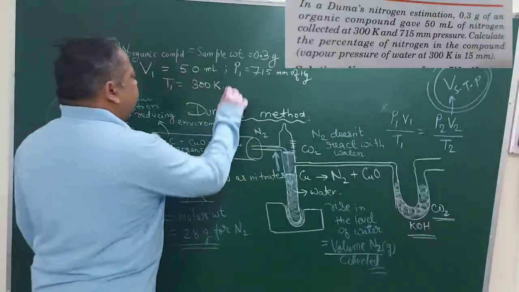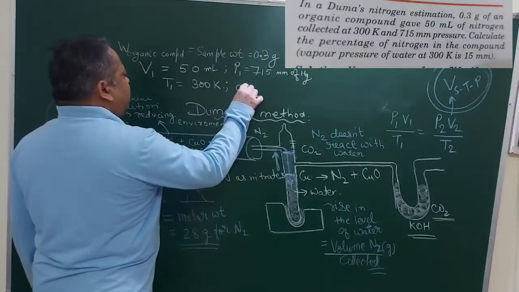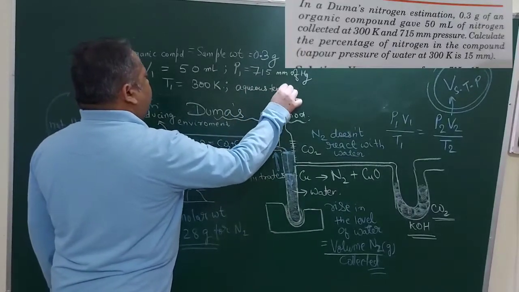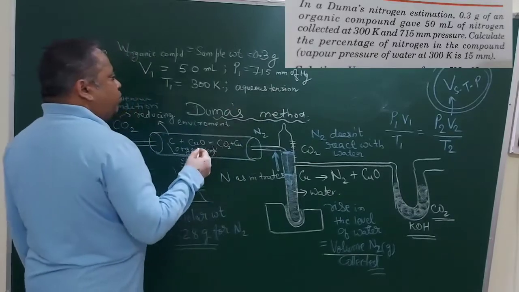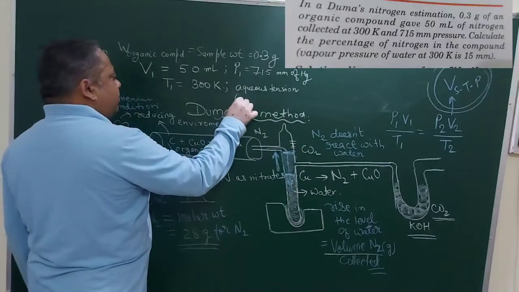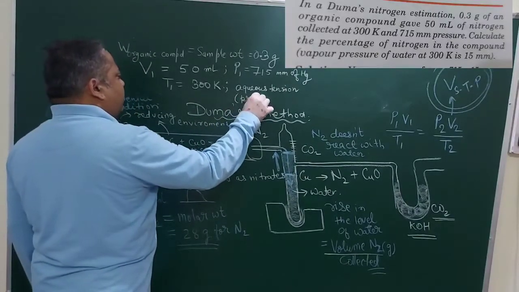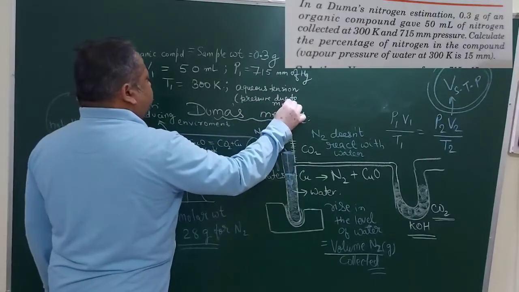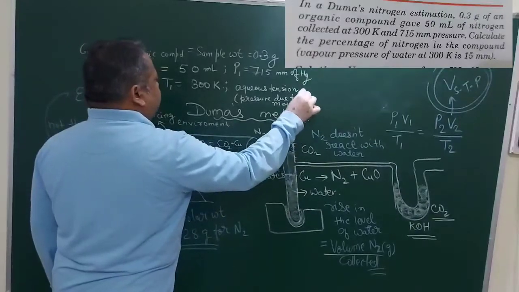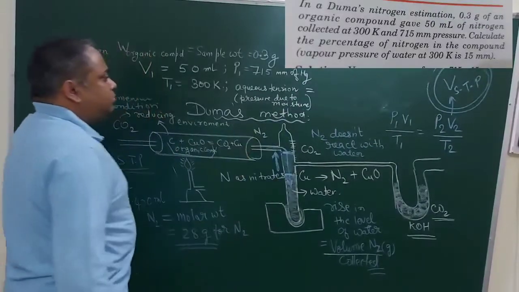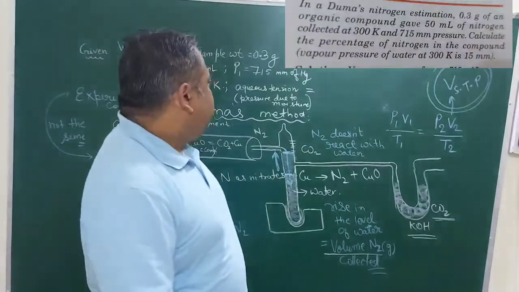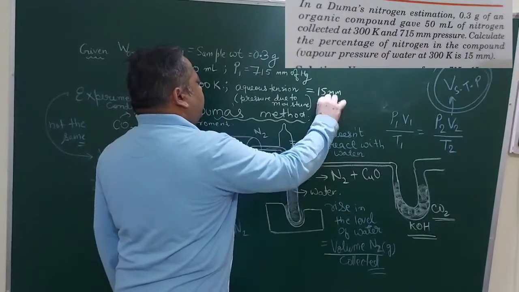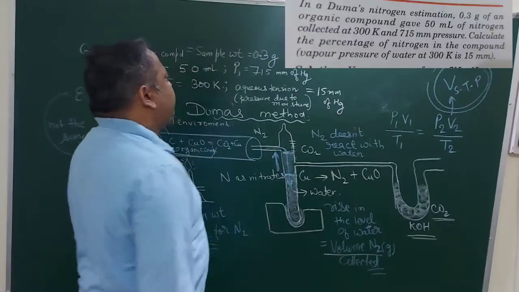Also it is given that aqueous tension is pressure due to moisture. The meaning of this is pressure due to moisture is equal to 15 mm of Hg. It is given in the question itself.